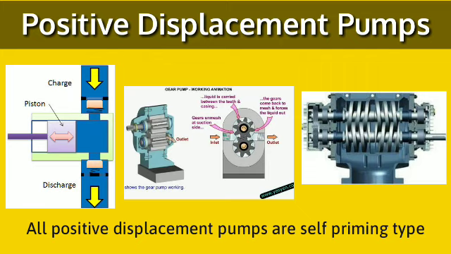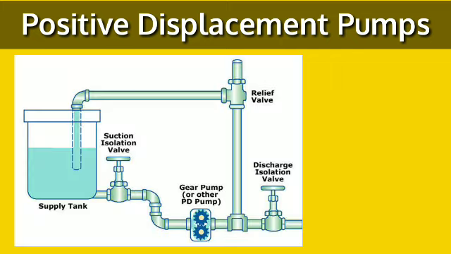Another important property of a positive displacement pump is that if the pump sucks the liquid from the suction side, it will positively discharge it to the discharge side. It means if you shut the discharge valve, the pump will keep on pumping and the pressure on the discharge side will keep on rising till either the pump gets damaged or the pipeline gets damaged.